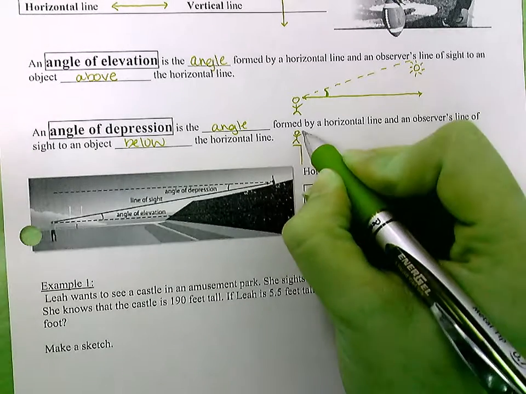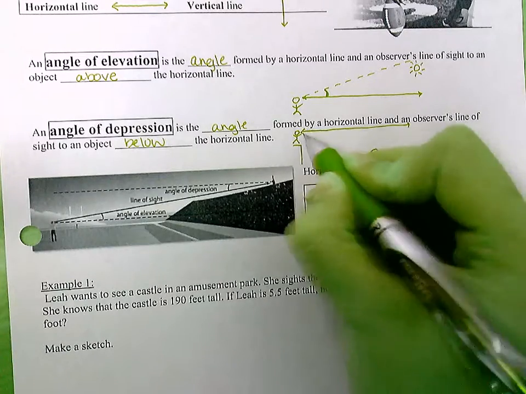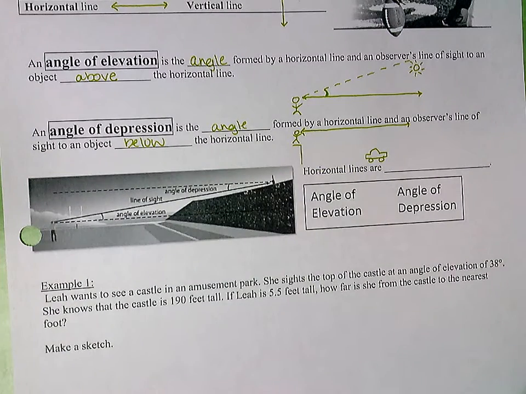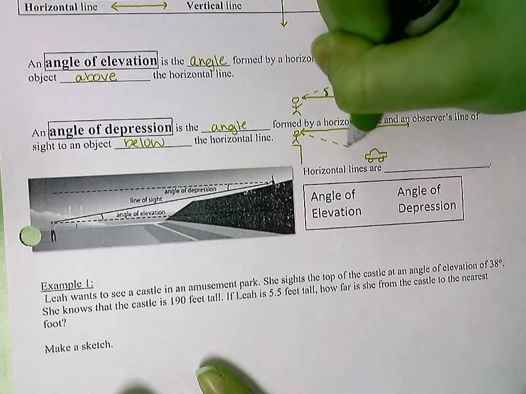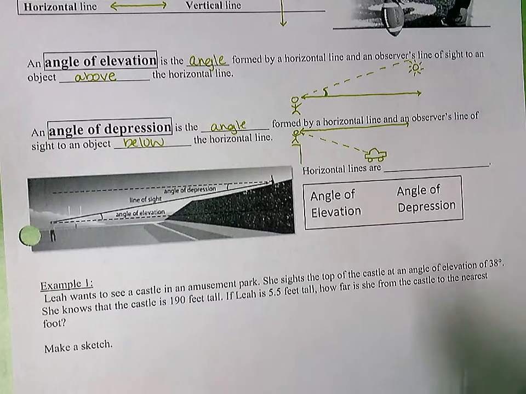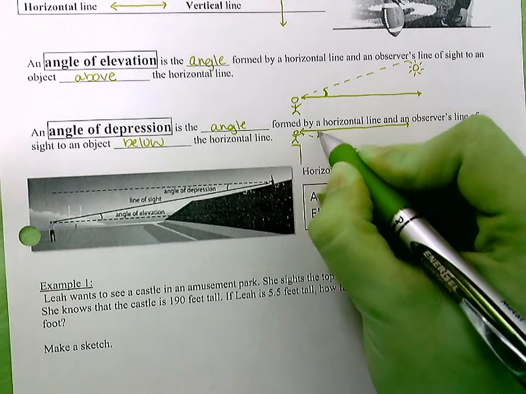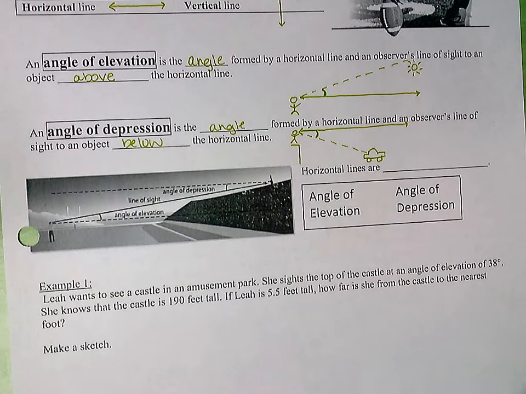Again, your horizontal line comes off of that person's line of sight, straight off that person's eyeballs. Then they're looking down at the car. The angle formed between the horizontal and where they're looking is your angle of depression.